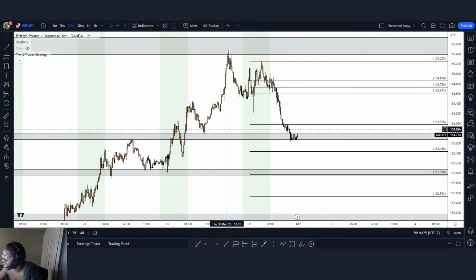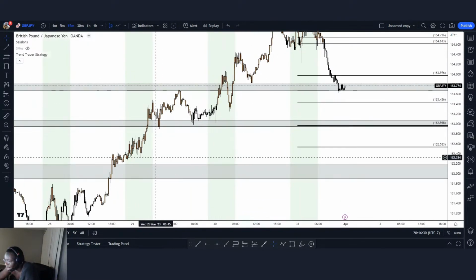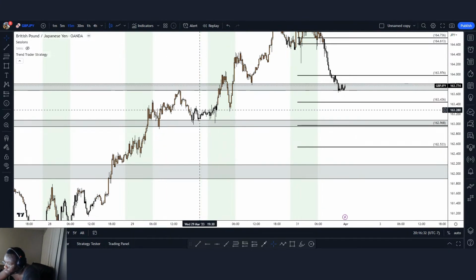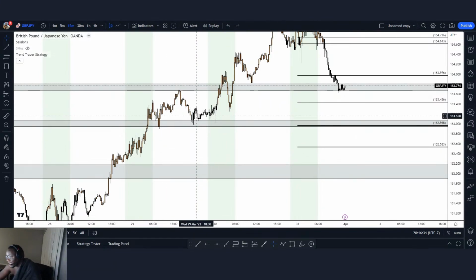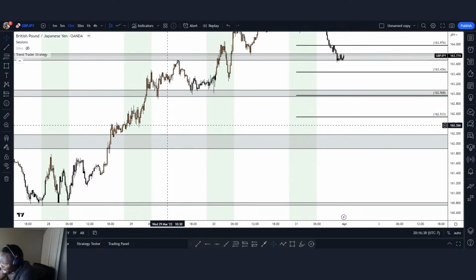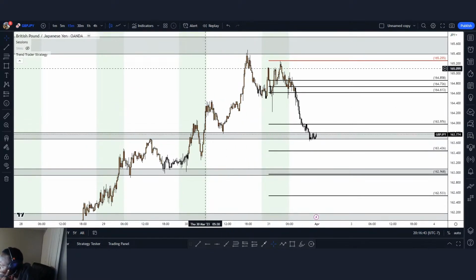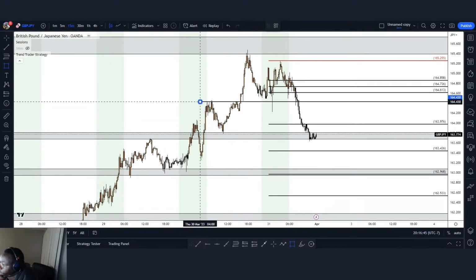Price has been reacting off demand this whole entire time. Support, resistance, support, and demand. If it's not reacting off support, it's reacting off demand. It is honestly kind of the same thing. But price ends up breaking this level.